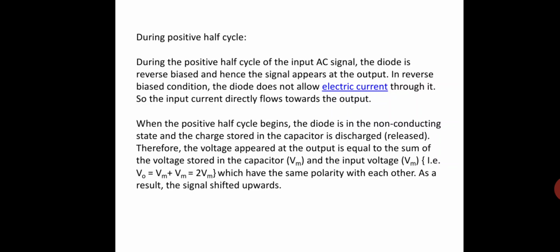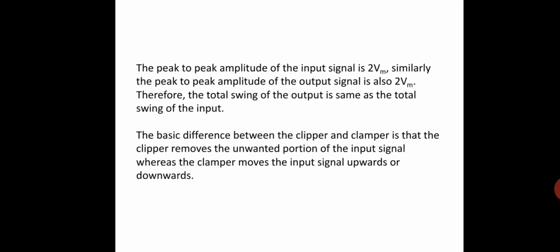When the positive half cycle begins, the diode is in the non-conducting state and the charge stored in the capacitor is discharged. Therefore, the output voltage is the sum of the voltage stored in the capacitor and the input voltage, V0 equals twice Vm, which have the same polarity. As a result, the signal is shifted upwards.